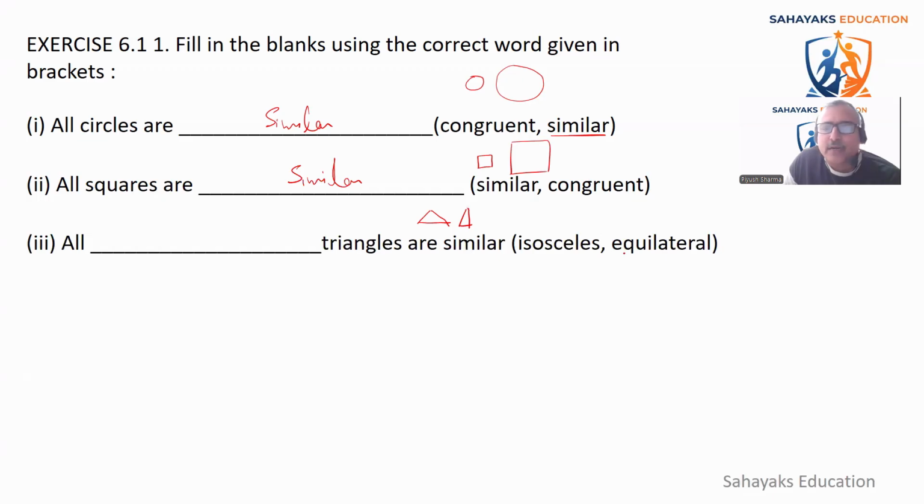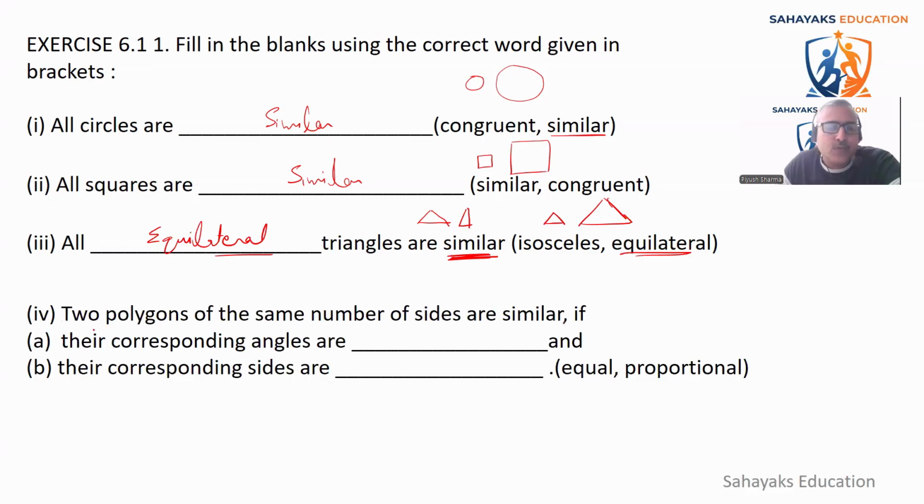But for equilateral triangles, there could be a small equilateral triangle and a big equilateral triangle, and as the sides are proportional, all equilateral triangles will be similar. So you can say equilateral triangles are similar, not congruent. Please remember that all circles are similar, all squares are similar, all equilateral triangles are similar.